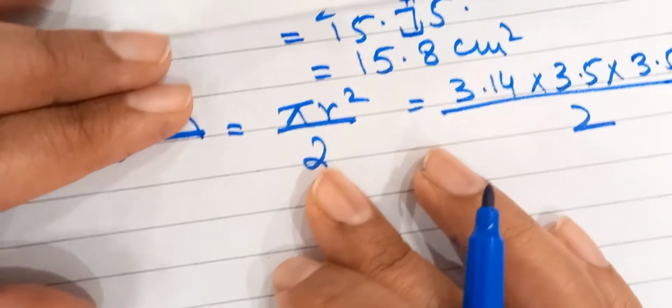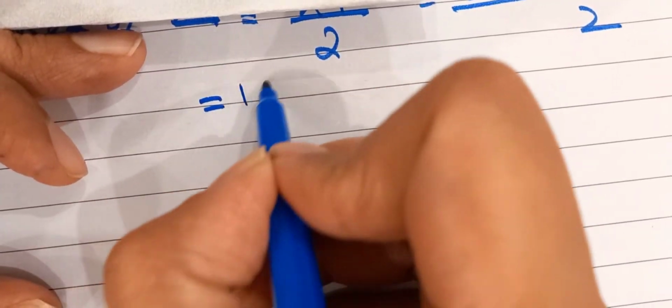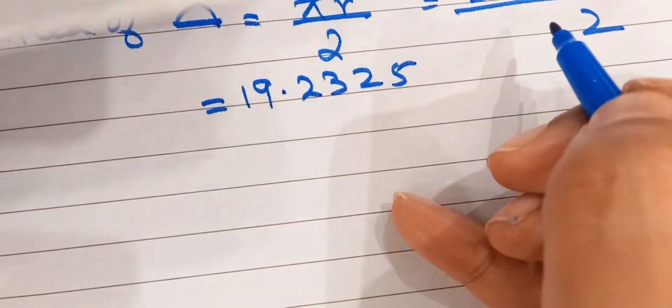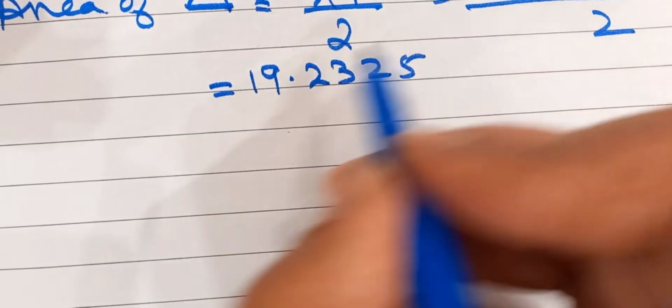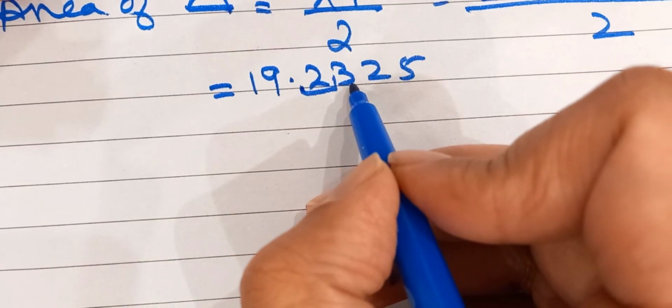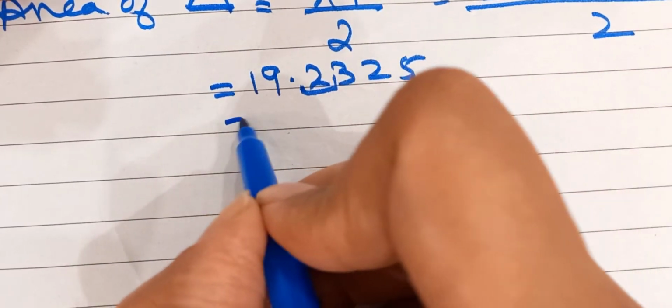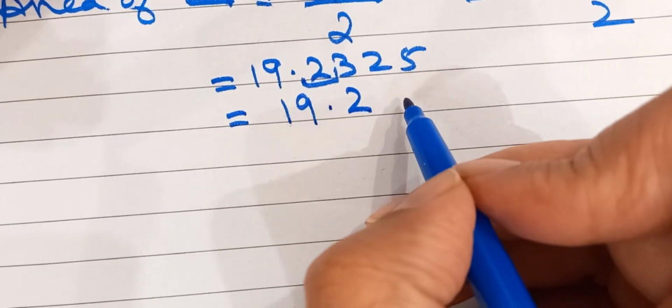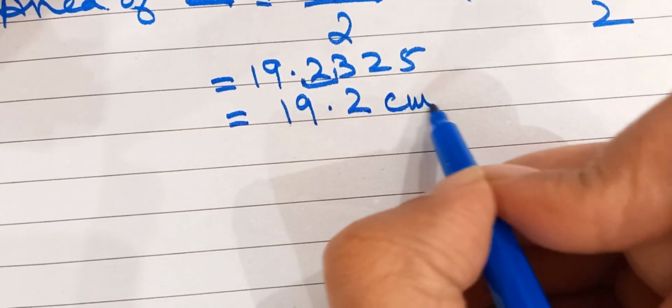When I do my calculations, the result I get is 19.2325. If I round it off to one place of decimal, I look at the next digit, which is 3, which is less than 5, so it will not make any difference. So I write it down as 19.2 centimeters squared.